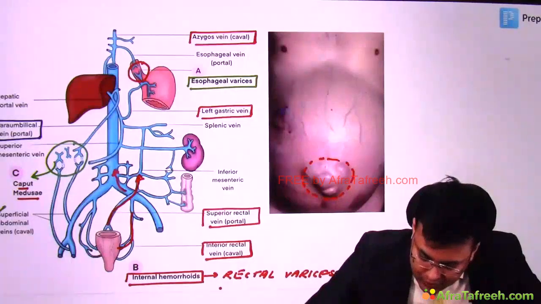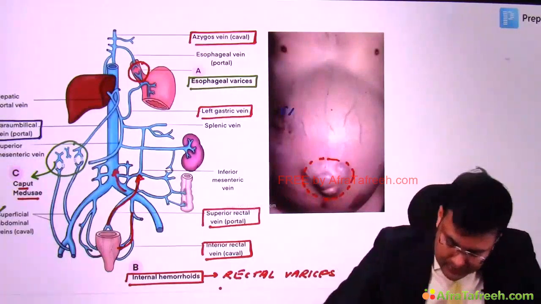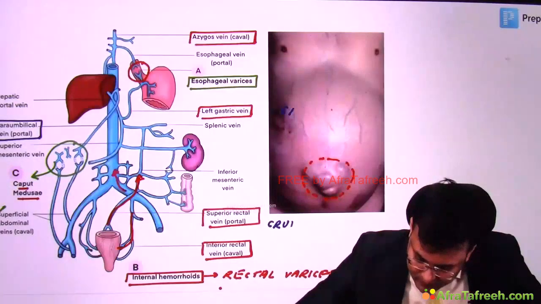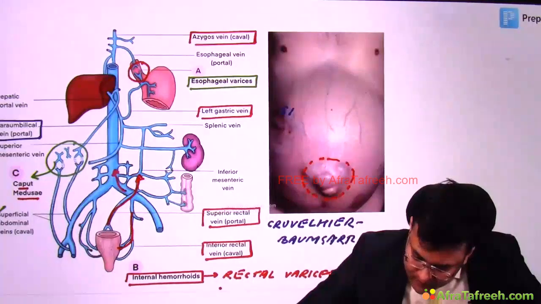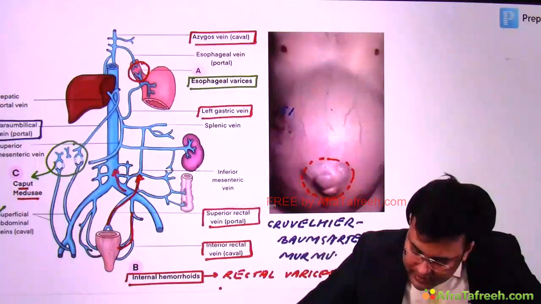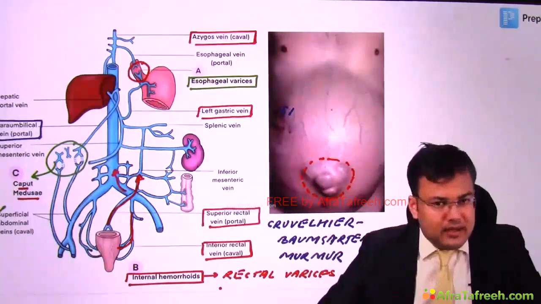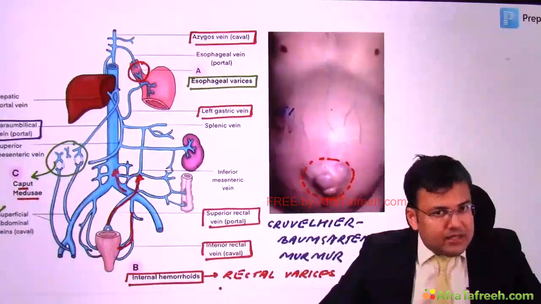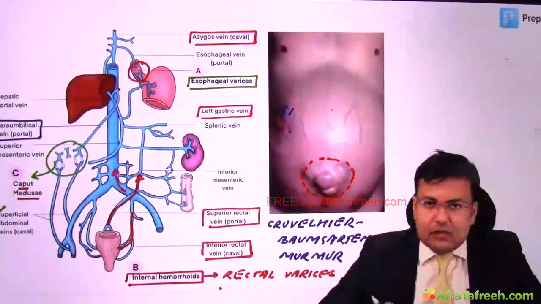That's known as Cruveilhier-Baumgarten murmur. Clear? So these are the important points related to portosystemic anastomosis.